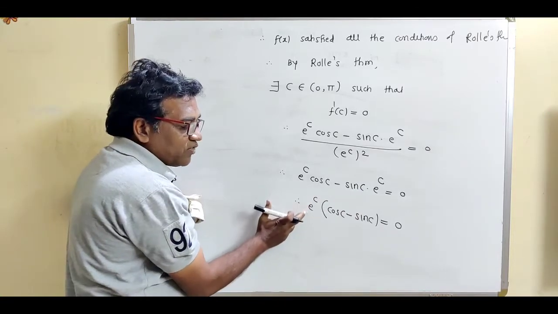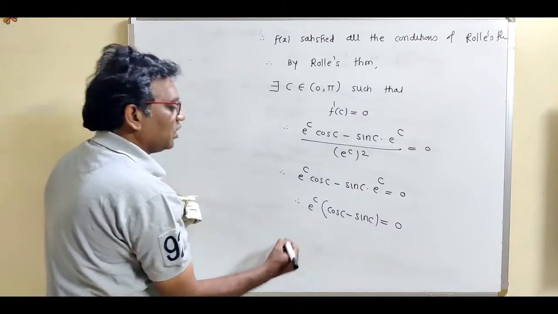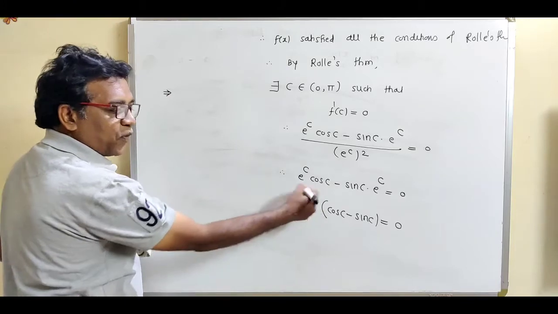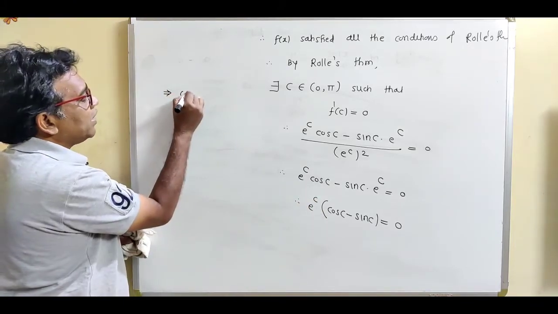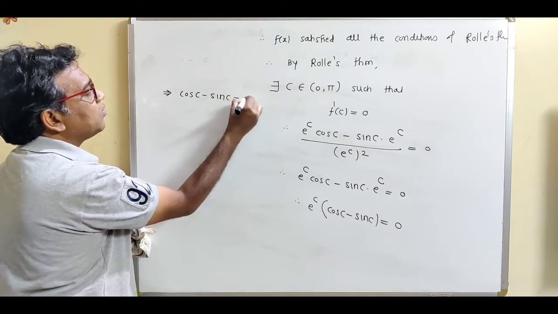Now this exponential term is a non-zero term. So let us equate the second term, cos c minus sin c, equal to 0.